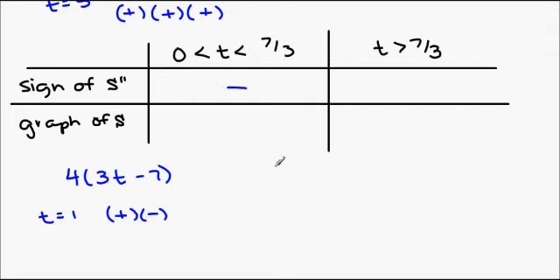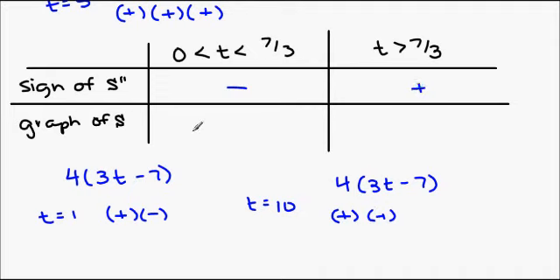So this is a negative. If I plug in t equals 10, which is greater than 7/3, I get positive times positive. So this is a positive, which means over here I'm concave down, and here I'm concave up.